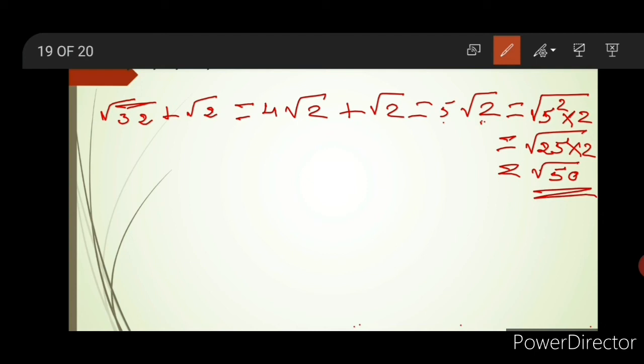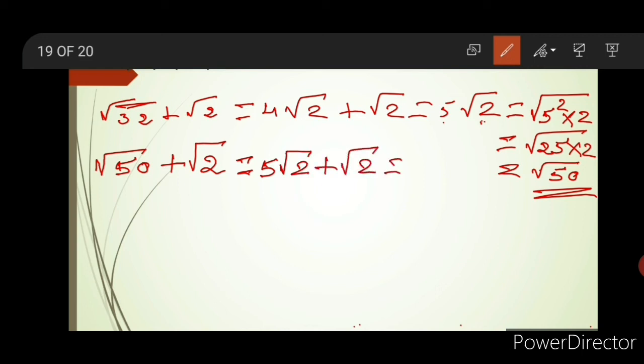Again, find the next term. Square root of 50 plus the common difference, which is root 2. Root 50 means 5 root 2, and 5 root 2 plus root 2 is 6 root 2.